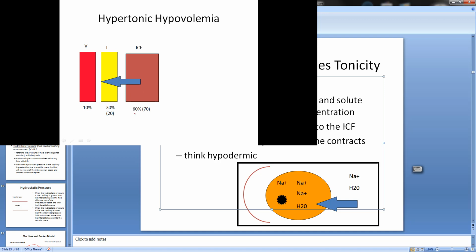Here's your ICF, which was 70%, is now shrunk. In response to this hypovolemia that we had earlier, that maybe we never really rectified, or it got worse, now we need to draw on the ICF to fill the ECF. So the movement is fluid from the ICF into the ECF.